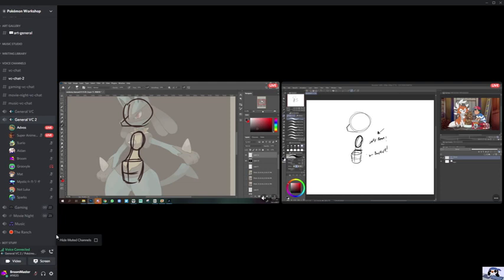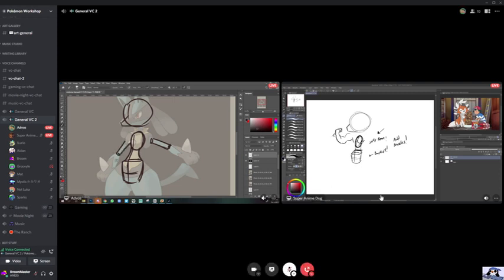Now Lucario isn't exactly very muscular, so you can still use the cylinder method to break it down. Oh my god. But sorry, what the fuck is that? Okay.